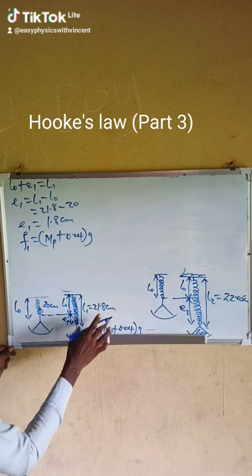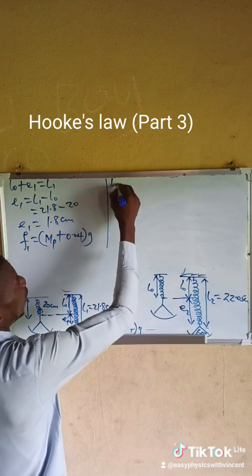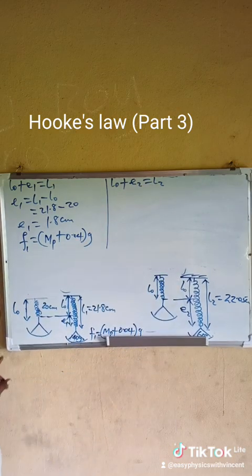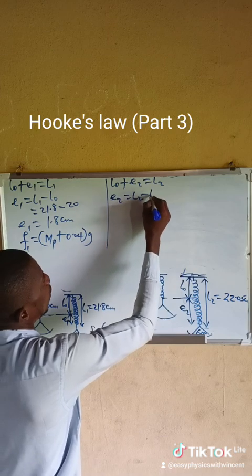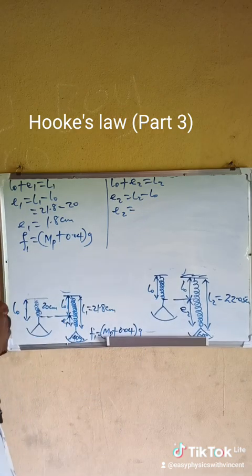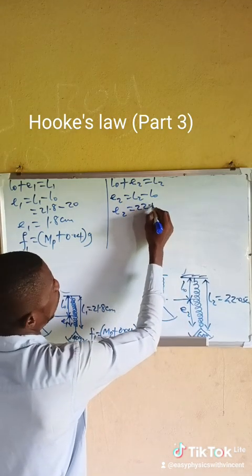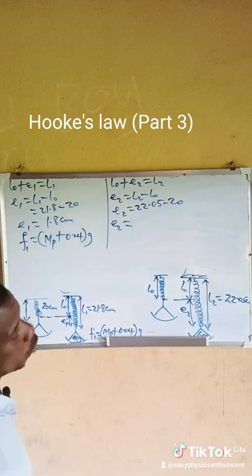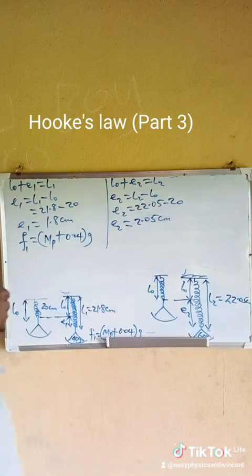So I've been able to get this. That means I can wipe this one, but let me continue from here. This one is going to be L0 plus E2 equal to L2. So E2 will give me L2 minus L0, which is 22.05 minus 20, and our E2 will give me 2.05 cm.